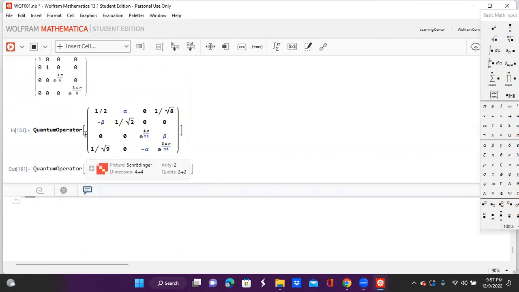So I just made this custom matrix to represent my custom rotation on theta, and I'm using the alpha and beta states to make this quantum operator.